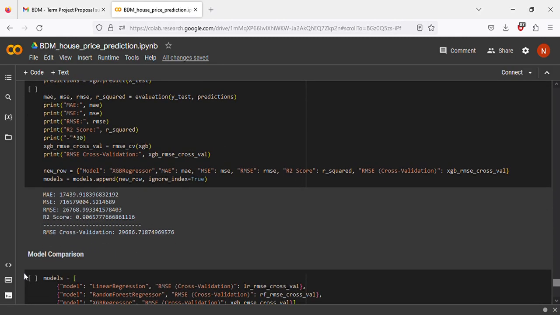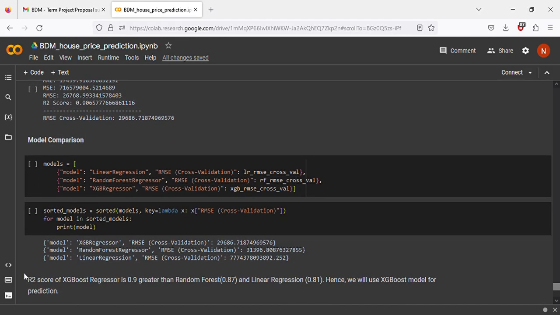So if we compare different models, we understand that the R2 score of XG boost regressor is 0.9, which is greater than that of random forest and linear regression, and hence XG boost model for prediction is more suitable than other models. Now, how can we use these models for the business purpose?